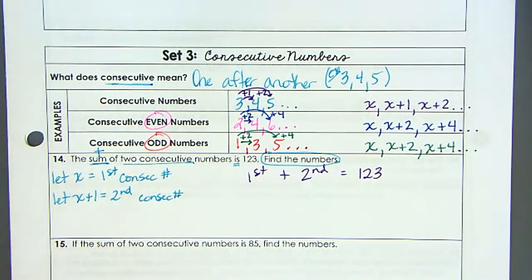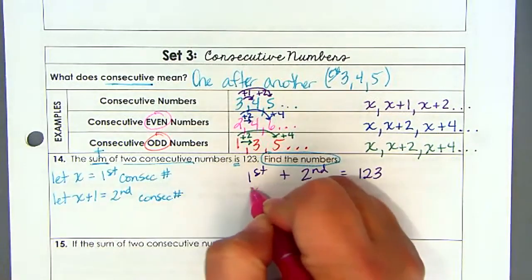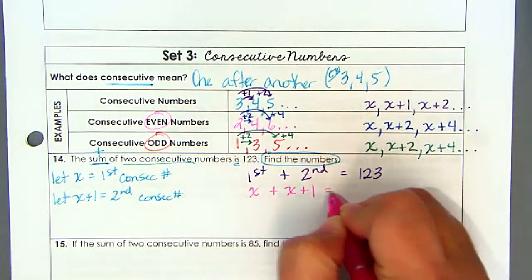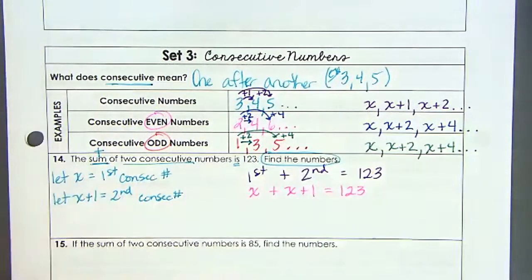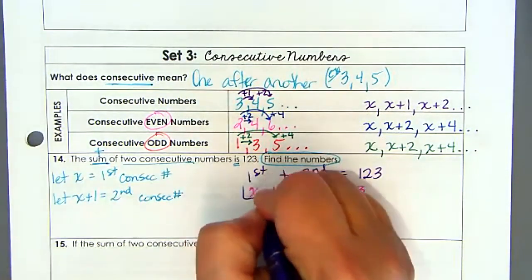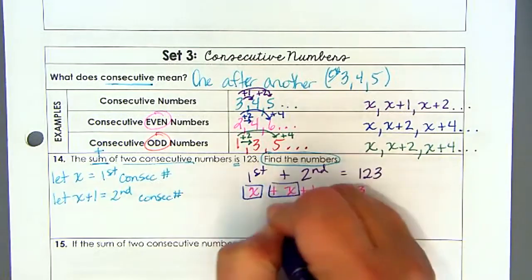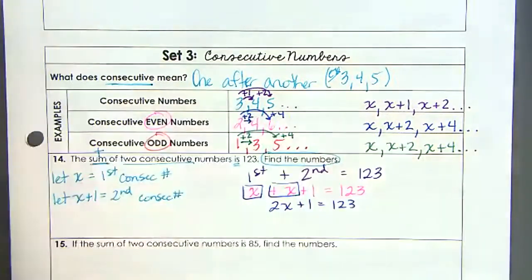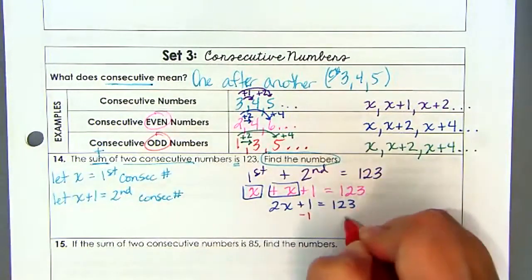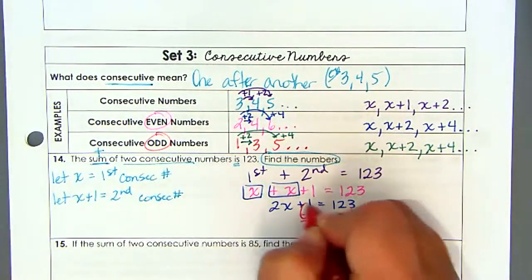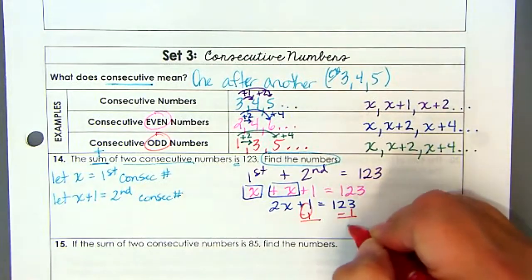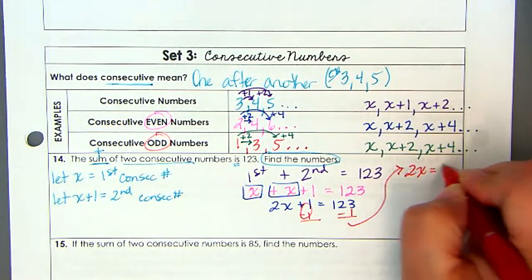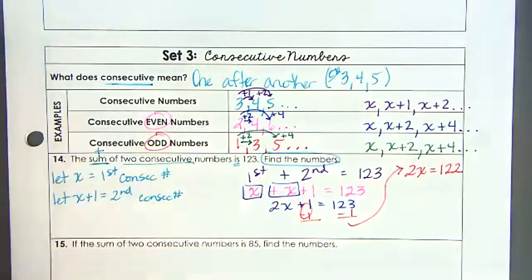All right, now plug in my numbers. The first is x, the second is x plus 1, equals 123. Combine my like terms, and I now have 2x plus 1 equals 123. Subtract 1, and I have 2x equals 122.